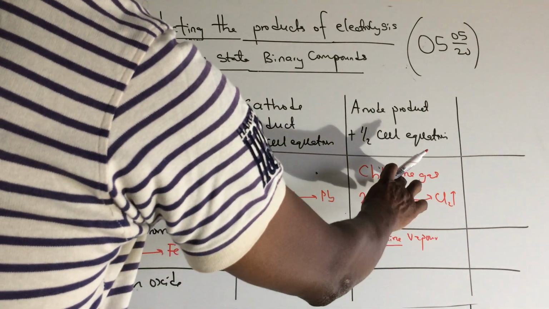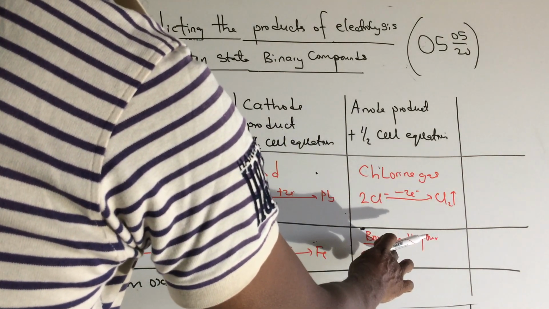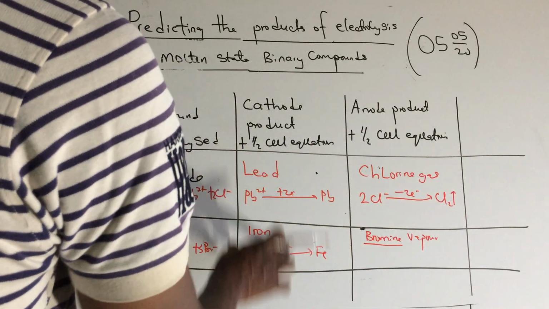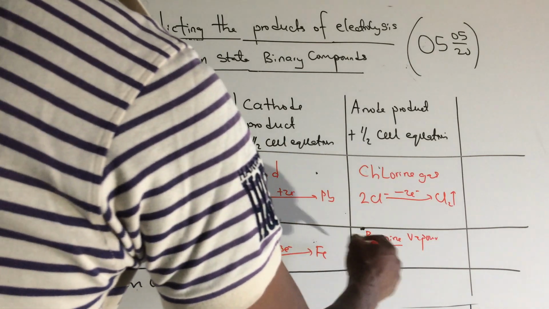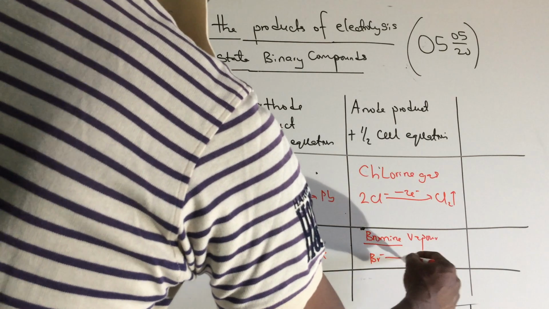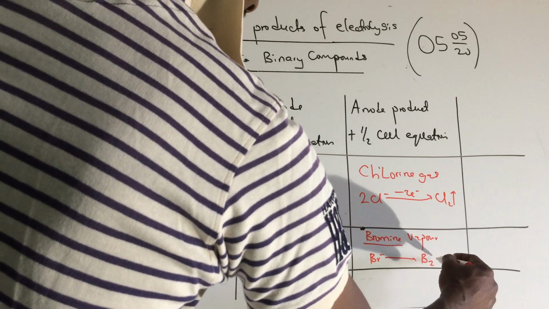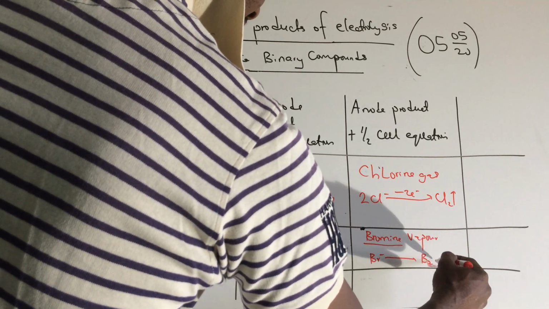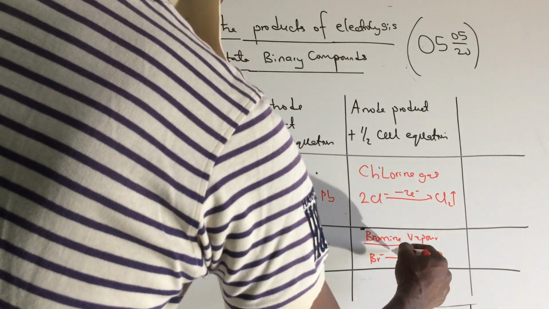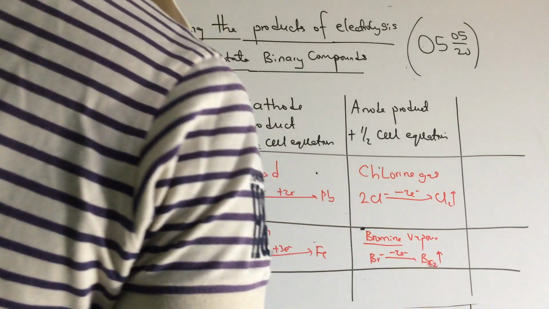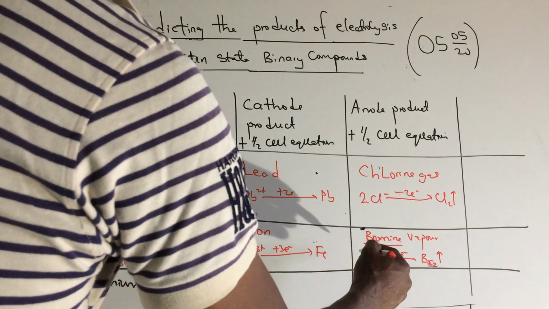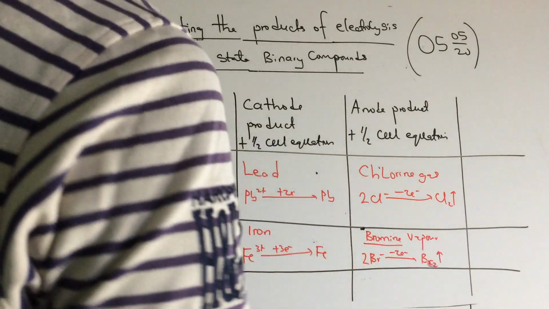Neutral state, not bromide. Bromine ends in -ine, not -ide. For the metals, it's just their name. So let's look at this: you have Br- discharging, and that would be the product at the anode.